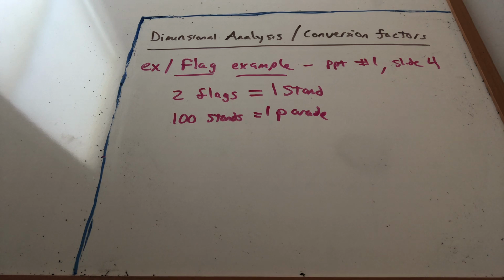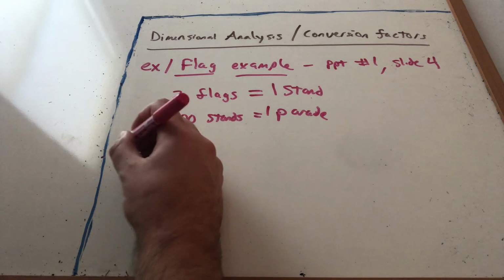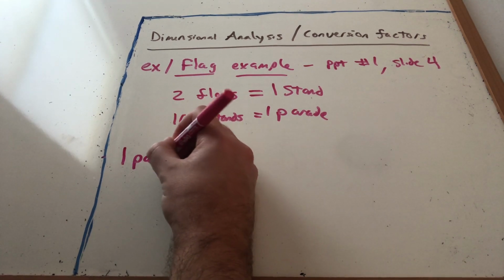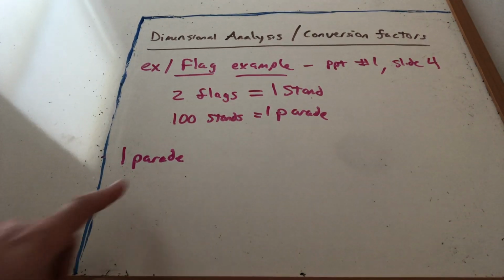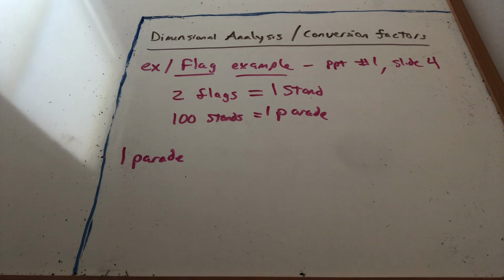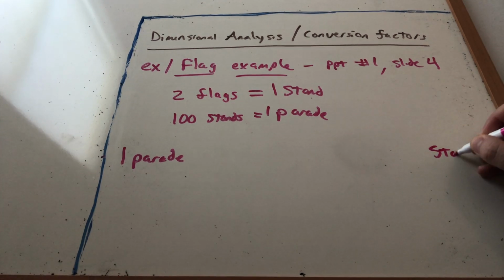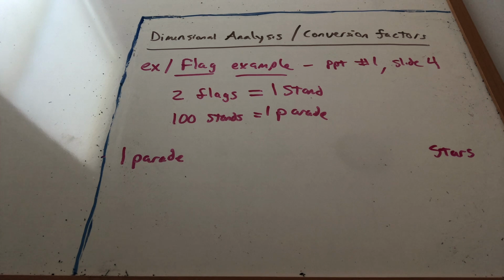So based off of this information, what we're asked to do is look at our one parade, and I'm going to write the information that we're asked to analyze on the left-hand side. And what we're supposed to do is turn this into some other bit of information. We're supposed to take our one parade and turn it into a number of stars.